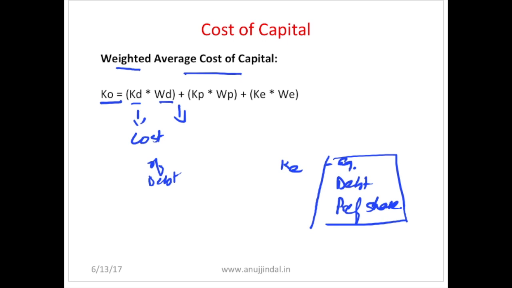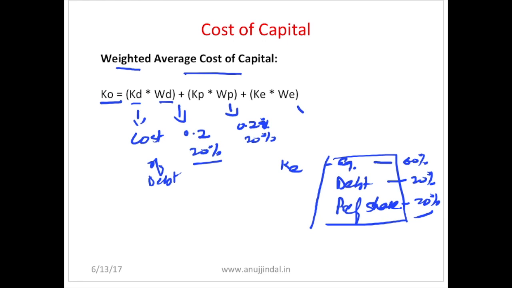So for example, if a company issues 60% equity, 20% debt, and 20% preference shares, then WD becomes 0.2 or 20%. Similarly, WP for preference will again be 0.2 or 20%, and the weight of equity will be 60% or 0.6. So this is how you find out the weighted average cost of capital.